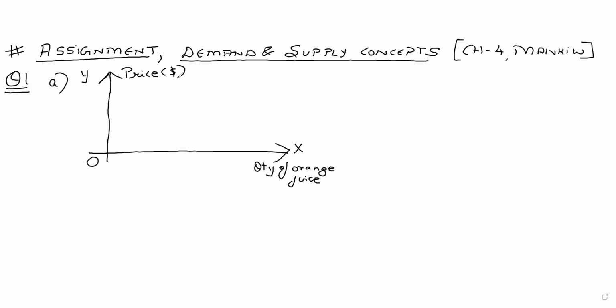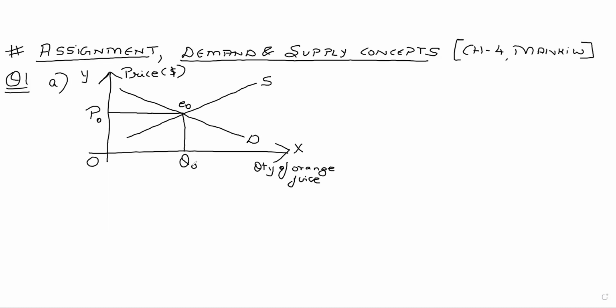Now our demand curve for orange juice is downward sloping, like any other demand curve. Our supply curve is upward sloping. Initial equilibrium E0, initial equilibrium price P0, initial equilibrium quantity Q0.